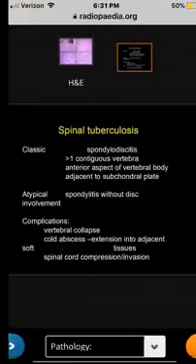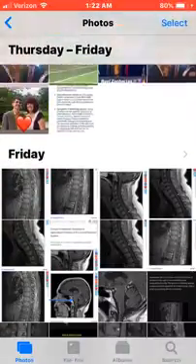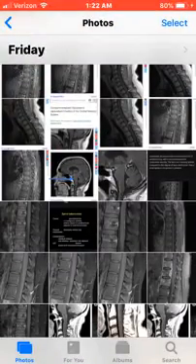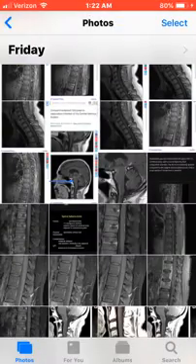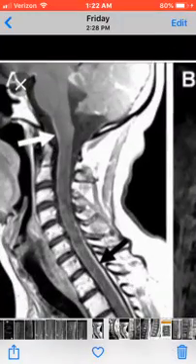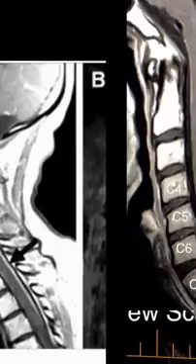How do we know the difference? As far as the C-spine goes, I have some images of C-spine up here. A C-spine scan, which no one probably wants to look at, but here we go. This was a case of leptomeningeal metastasis, and this was a case that was read as normal.